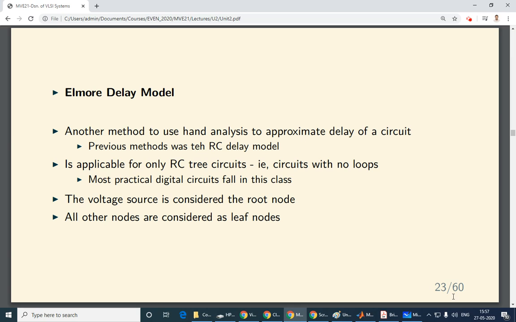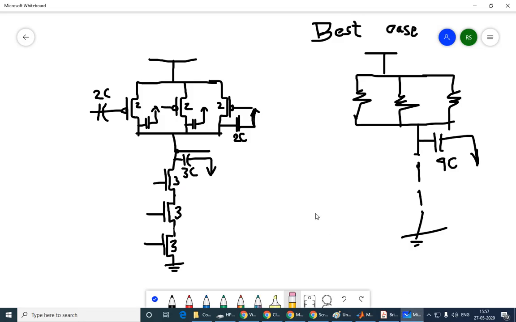If you look at this circuit, the pull down network has one, two, three nodes. One of them is the output node. The RC delay model takes the output node only. It completely ignores the intermediate nodes.